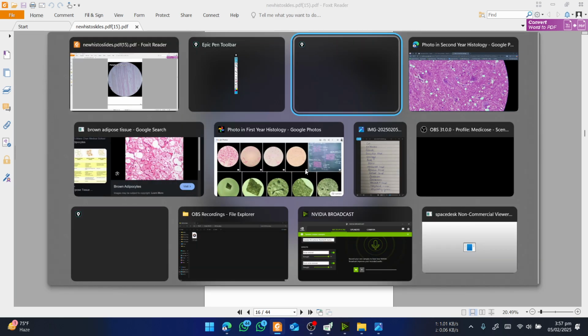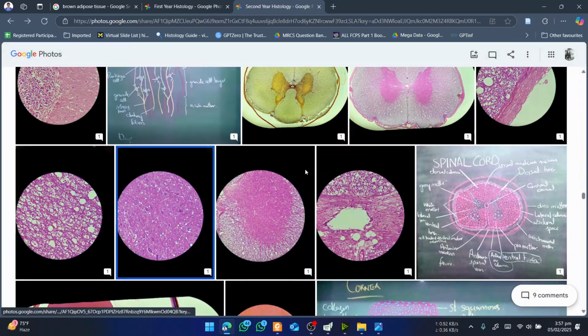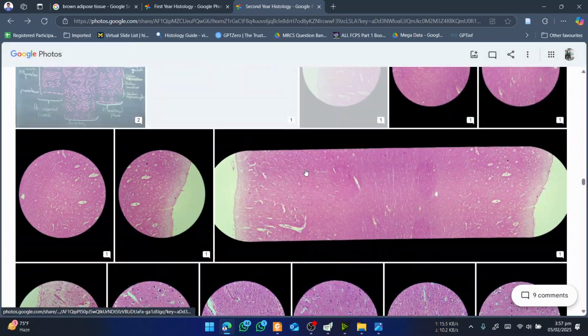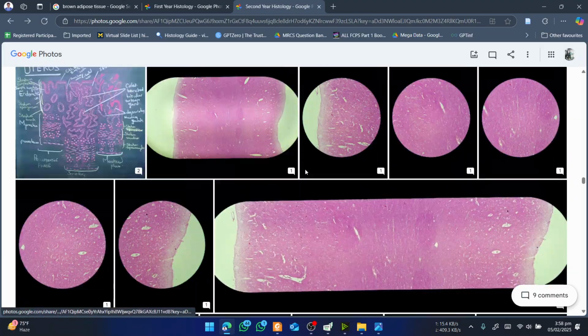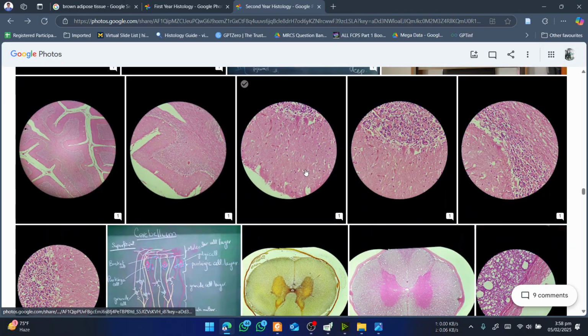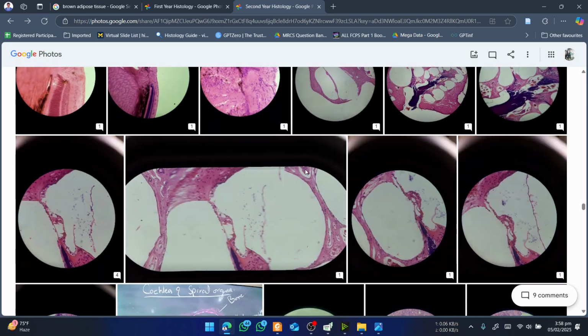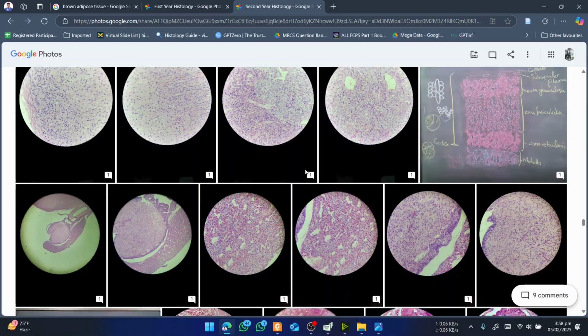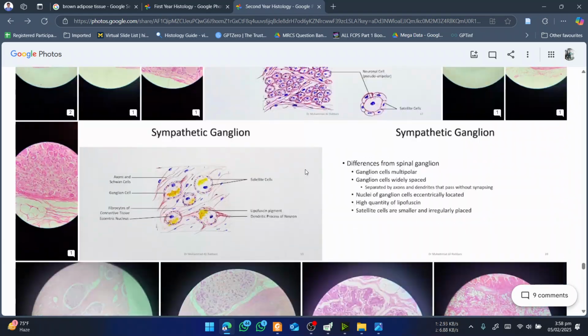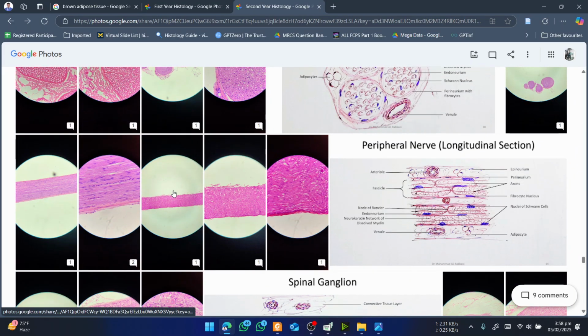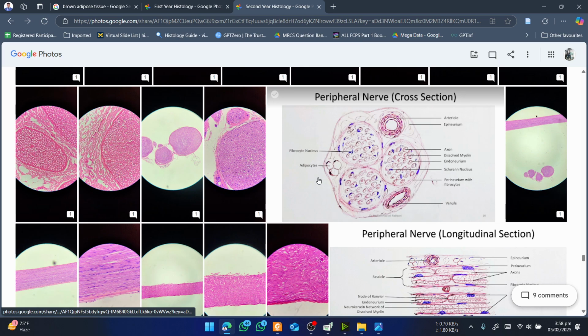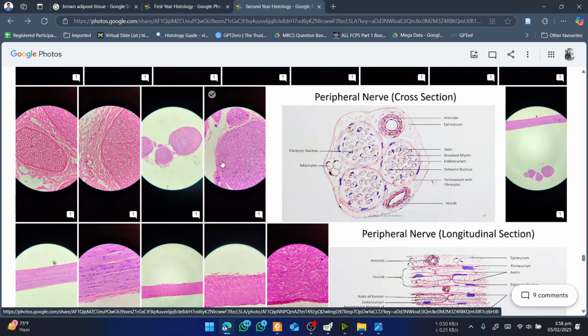Nerves. Okay, let me get here, peripheral nerve cut in different directions. This is the brain, spinal cord, ear. I think I have the peripheral nervous system in the end right here. Okay, let me show you first the cross section and then the longitudinal section.